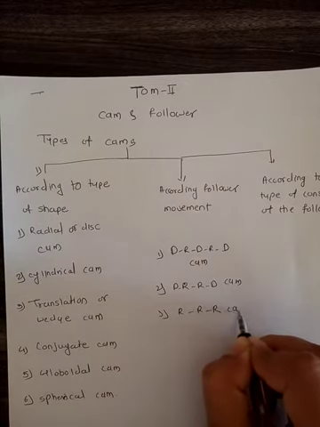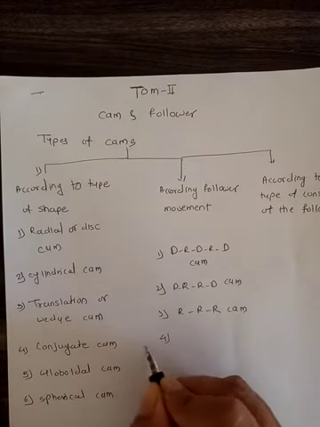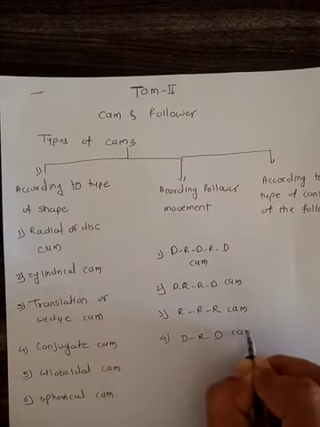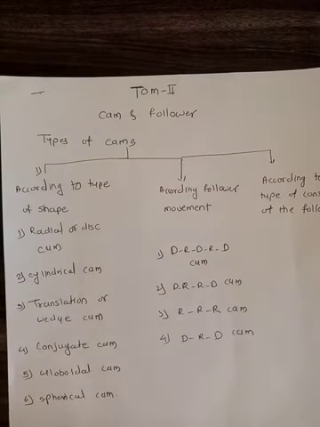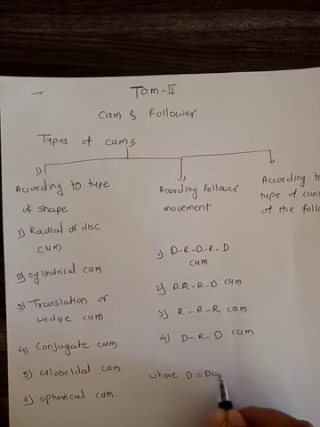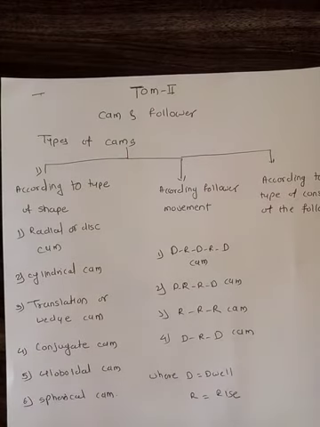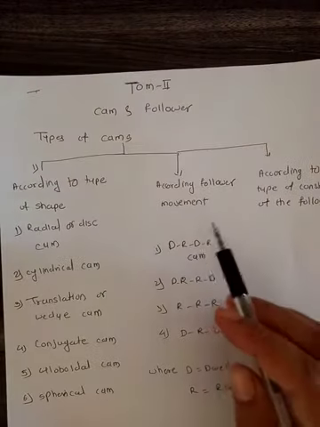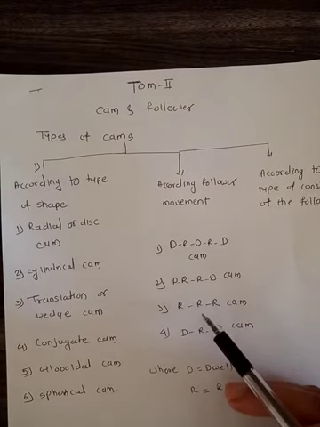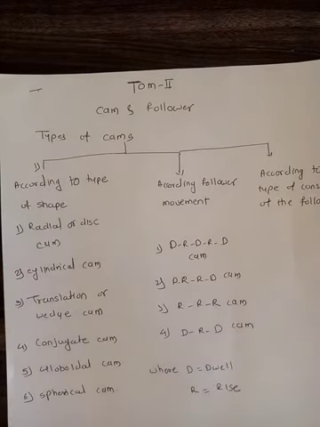Third will be the RR cam. And fourth will be the DRD cam. Here D is known as dwell and R is known as rise. This classification according to follower movement is very important for cam and follower.